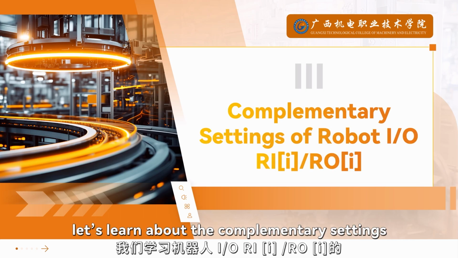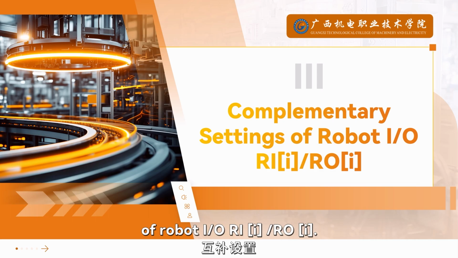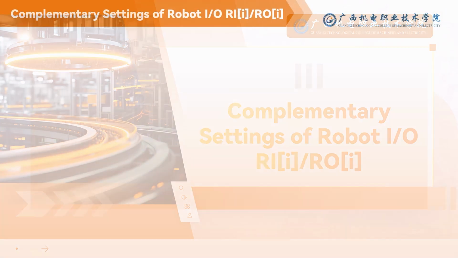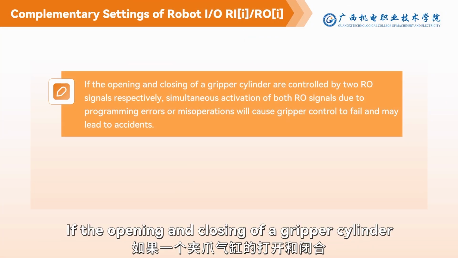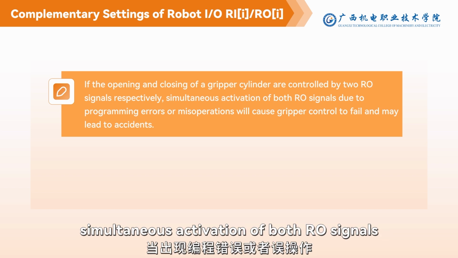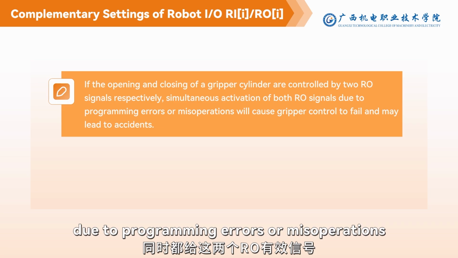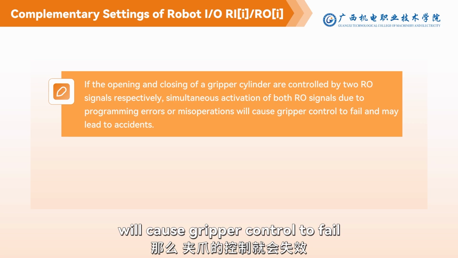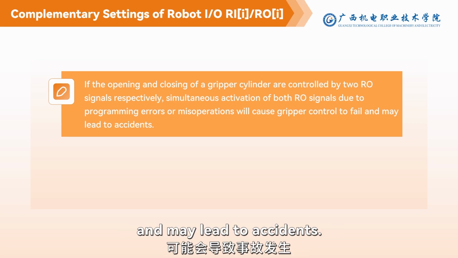Next, let's learn about the complementary settings of robot I/O RO. If the opening and closing of a gripper cylinder are controlled by 2 RO signals respectively, simultaneous activation of both RO signals due to programming errors or misoperations will cause gripper control to fail and may lead to accidents.